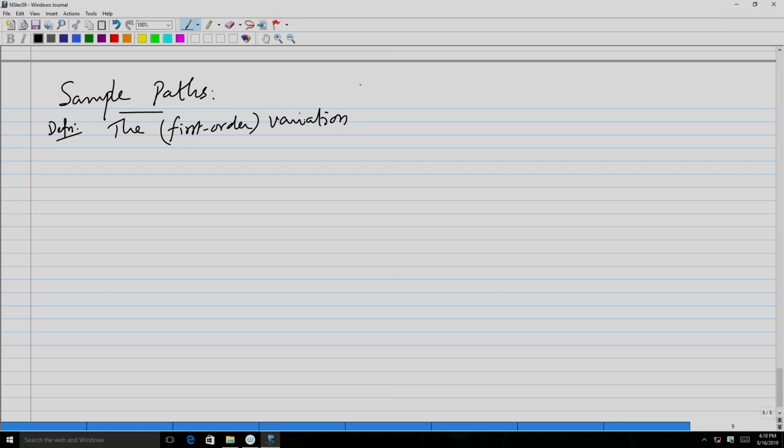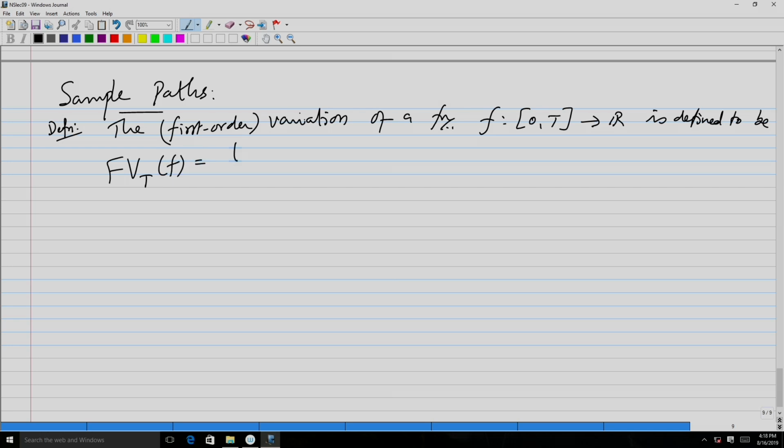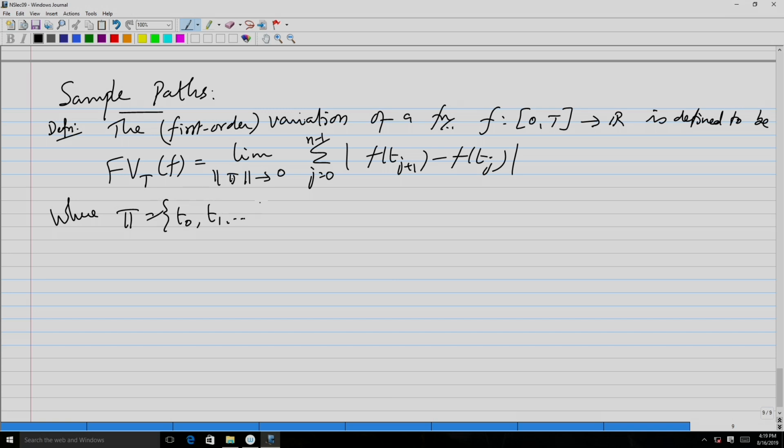Sometimes it is called simply variation, but in this particular case we really mean the first order variation of a function, say f, defined on 0 to t. It is defined to be the limit, as the norm of the partition pi tends to 0, of the sum over j equal to 0 to n minus 1 of the absolute value of f(t_j plus 1) minus f(t_j), where pi means a partition of this interval.